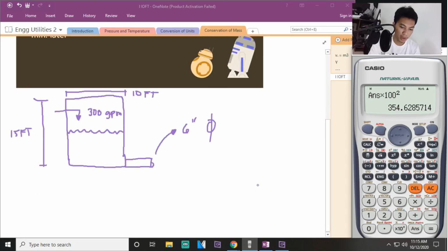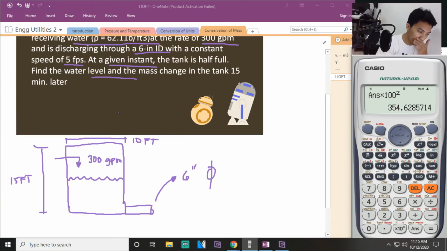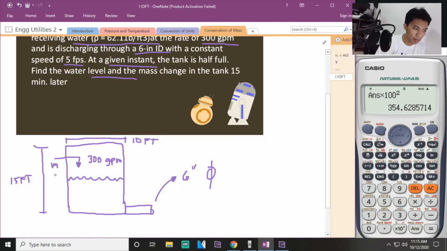Okay, so let us proceed. Okay, ganito yun. Ang tamang pag-solve dito, aalamin mo muna yung mass na pumasok, yung mass 1, tapos yung mass na lalabas. Ang velocity ng iyong mass dito kasi will be 5 FPS o 5 feet per second.